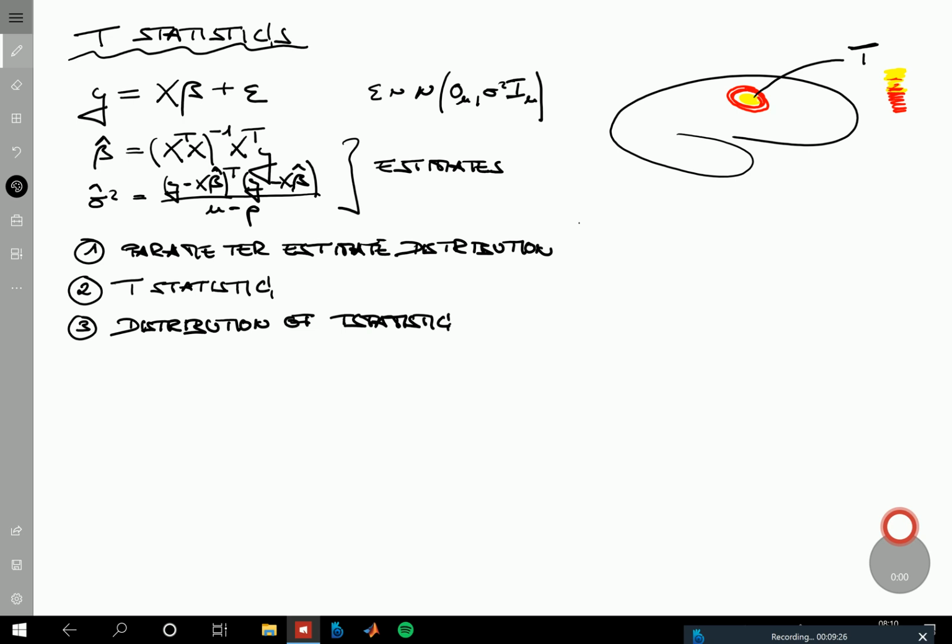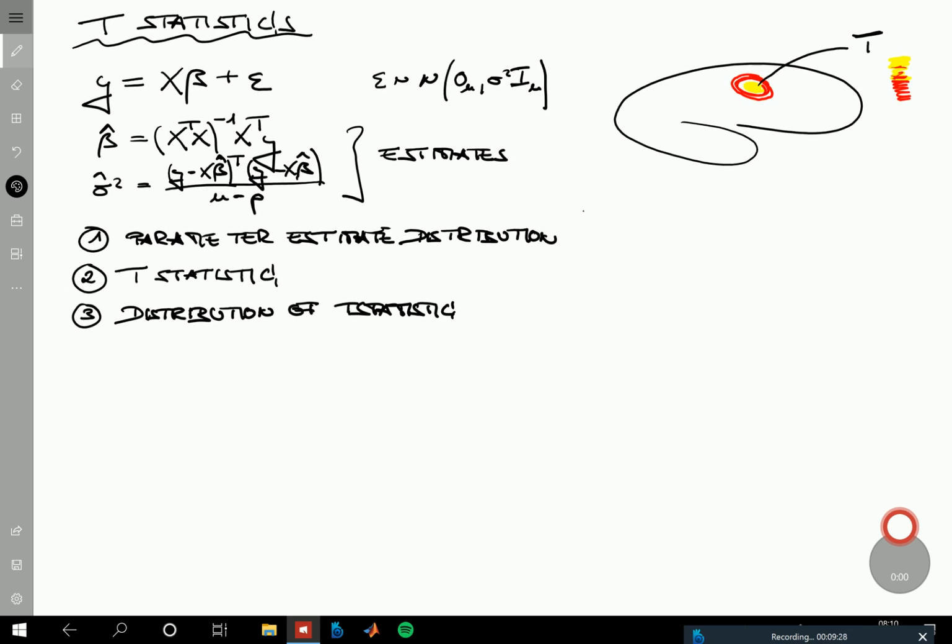Good. And this whole thing is, of course, strongly frequentist statistics. So the distributions about the parameter estimates that we're talking about are frequentist distributions, not posterior distributions in the Bayesian sense, but frequentist distributions, which then also lead to the distribution of the t-statistic, which is of course also a frequentist distribution.